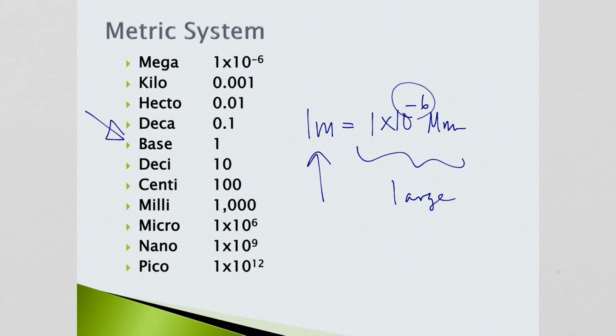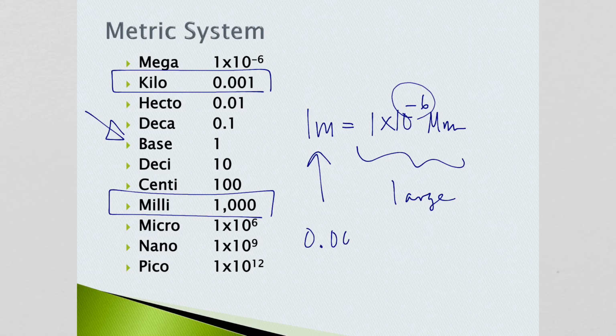So you can create a conversion factor from any one of these on the list, and you do not have to relate them always back to the base. For example, I could look at kilometers and millimeters, again staying in meters as the base unit. This would mean that 0.001 kilometers is equal to 1,000 millimeters.